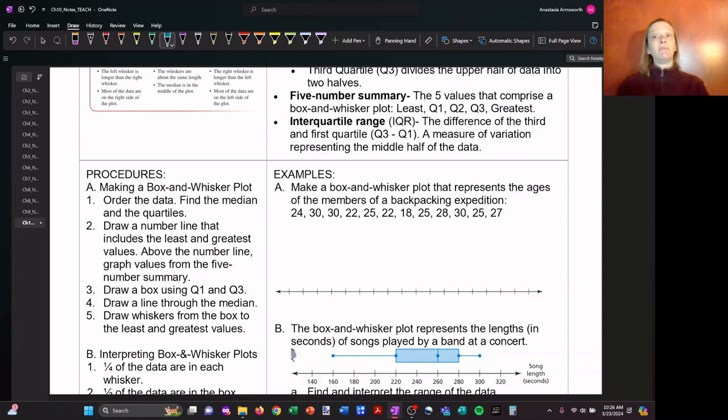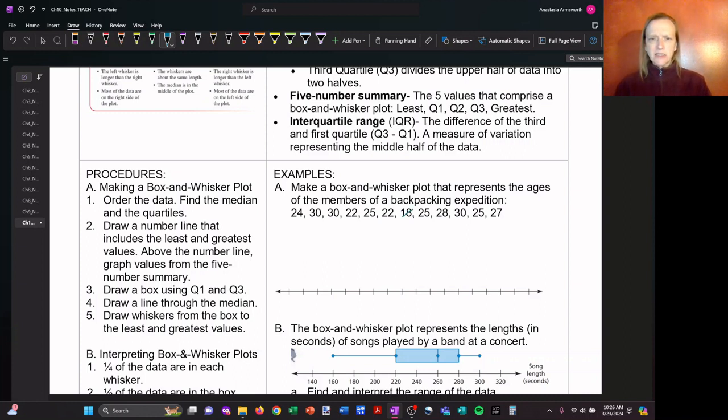That's the only way we can find the median. And to find quartile 1 and quartile 3, we also need all the values written in order. This is often the longest part of the process, especially with bigger data sets. If you have a really big data set, it's best to put it in Excel or some other spreadsheet program, where the computer will sort it for you in numeric order.